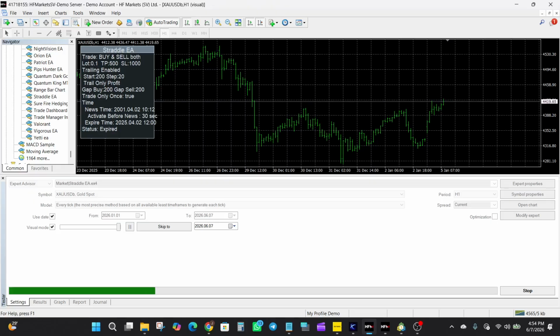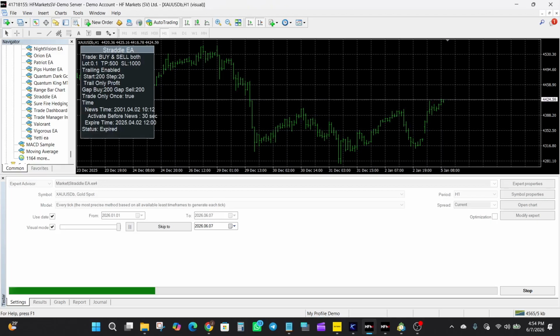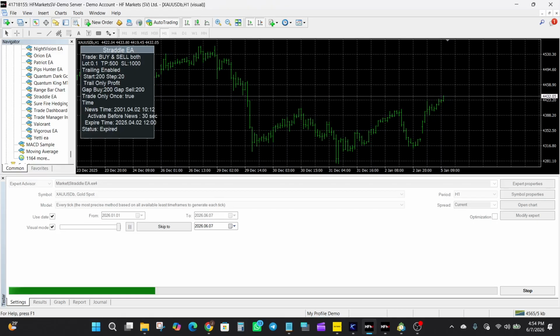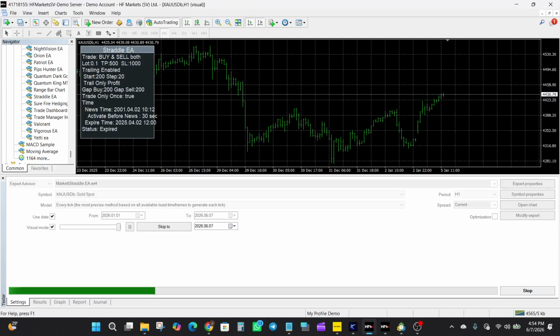But as with any historical analysis, it's important to keep in mind that results can vary significantly depending on spread conditions, slippage during news spikes, execution speed from the broker, and overall risk settings chosen by the user.